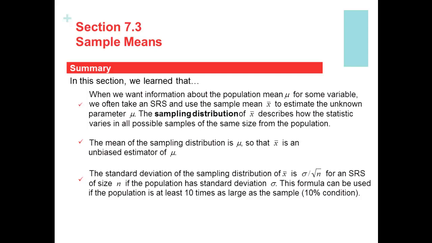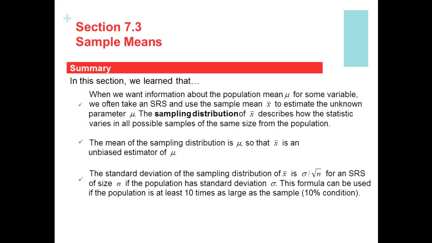The mean of the sampling distribution is mu, so that means that x bar is an unbiased estimator of mu. The standard deviation of the sampling distribution of x bar will equal the standard deviation of the population divided by the square root of n for a simple random sample of size n, if the population has a standard deviation of sigma.